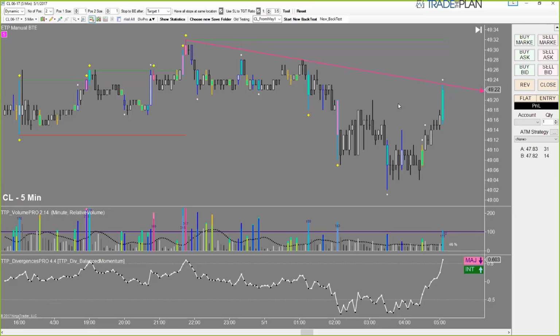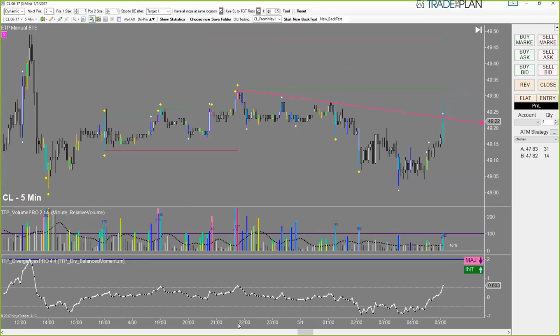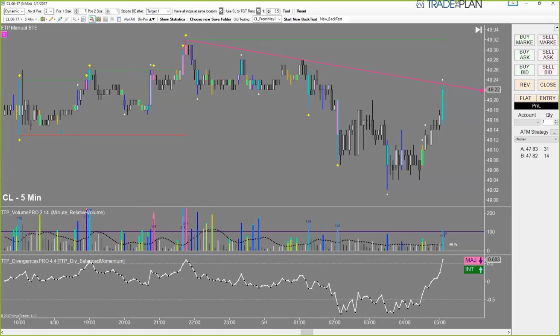The future areas of supply and demand are a function of the previous areas, and it's the market geometry that helps us define that. So that's what this is all about: looking at the market geometry in tandem with the relative volume and then the price action momentum divergence. That's why combining these three methods has been so incredibly powerful for us.